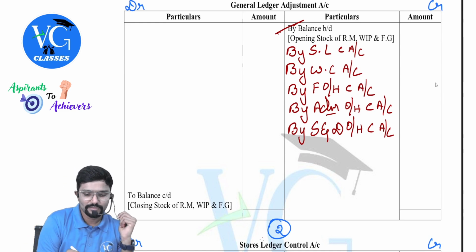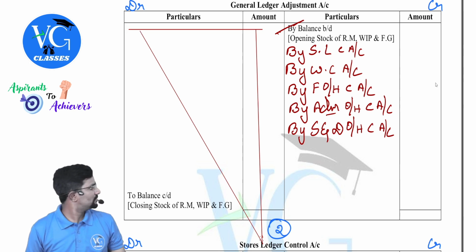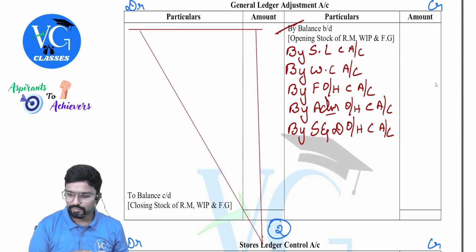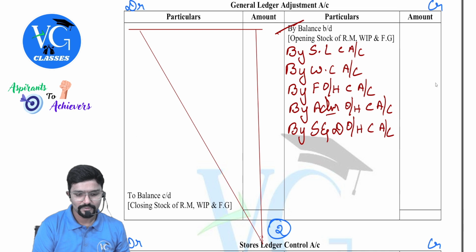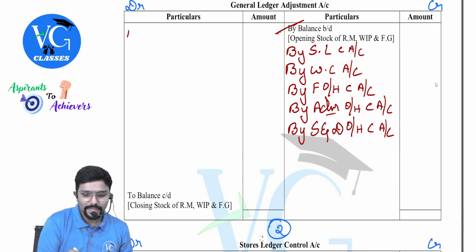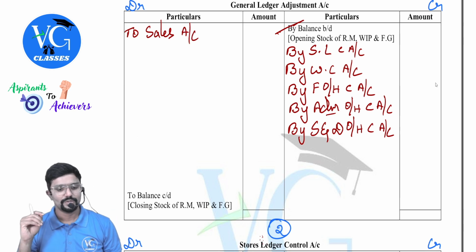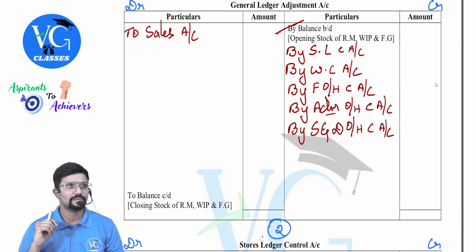It is a revenue now. Sir, revenue should be credited. No, sir, this is opposite. This is opposite, guys, please be careful. To sales account.